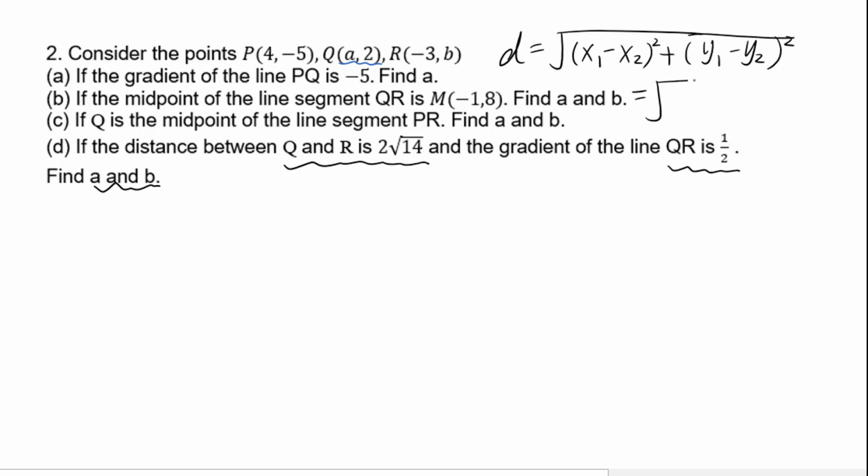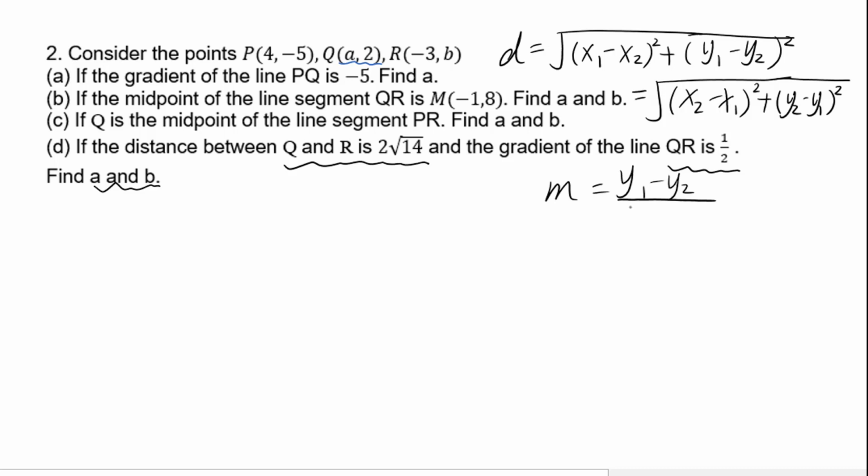Or you can use (x2 minus x1) squared plus (y2 minus y1) squared. It doesn't matter which one minus which one, because you square, you will get the same answer. For the slope, you know that it's y1 minus y2 over x1 minus x2, or you can do y2 minus y1 over x2 minus x1.